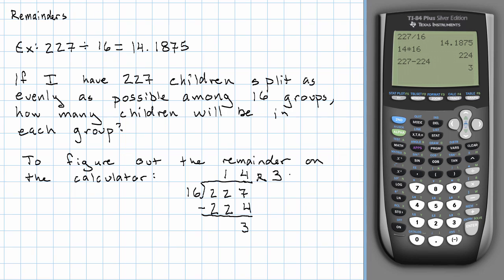Well, I'm going to put one into one group, the second into another, the third into a third group. So I'll have 3 groups of 14 plus another one is 15, and then 16 groups minus 3 big groups is 13.